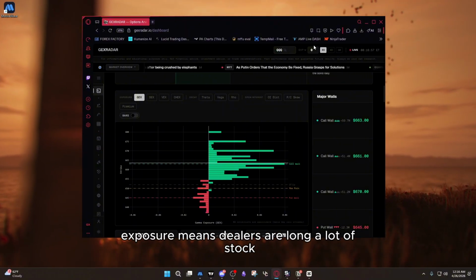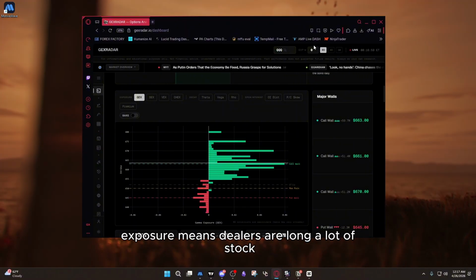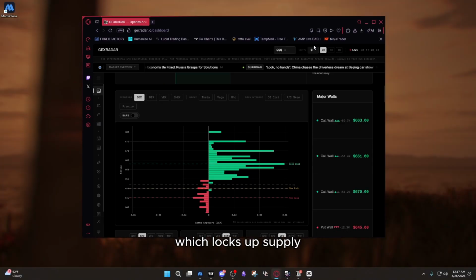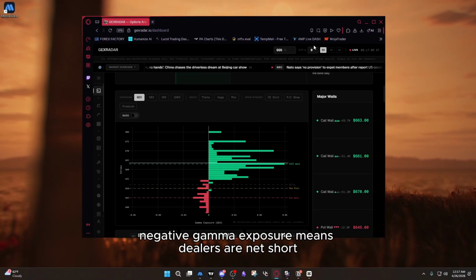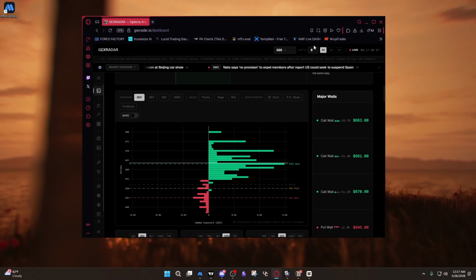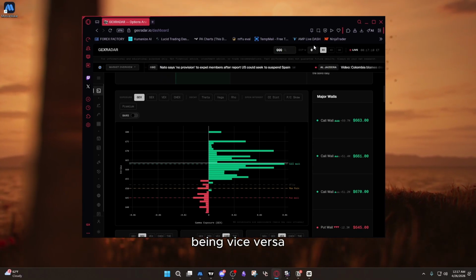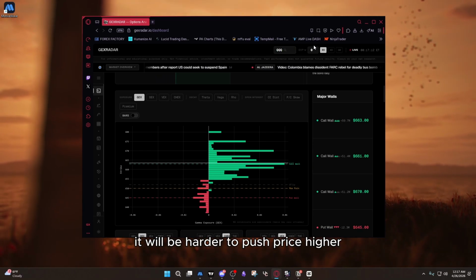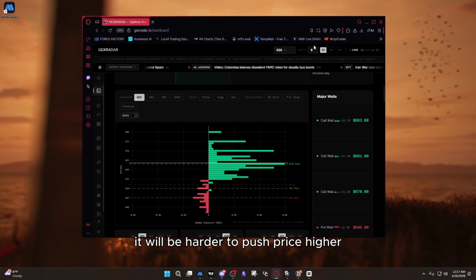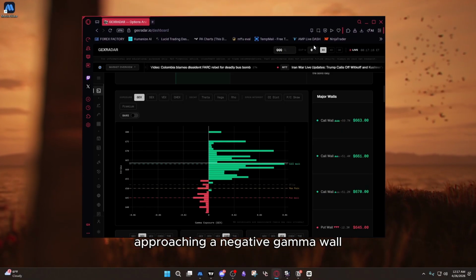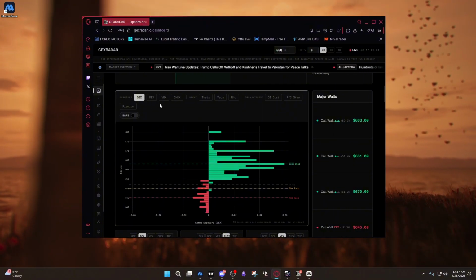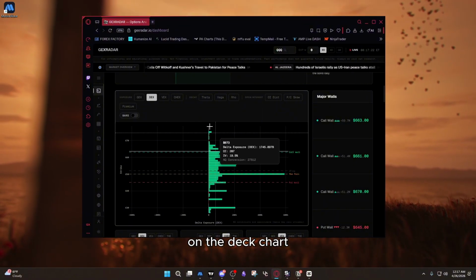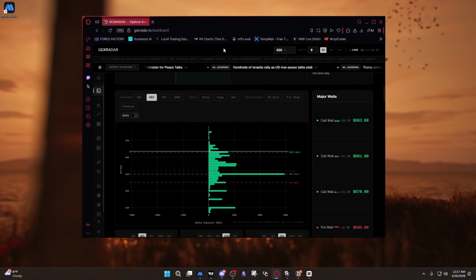Large positive exposure means dealers are long a lot of stock, which locks up supply and makes it harder to push price down. Large negative exposure means dealers are net short, being vice versa. It will be harder to push price higher, approaching a negative wall on the DEX chart.